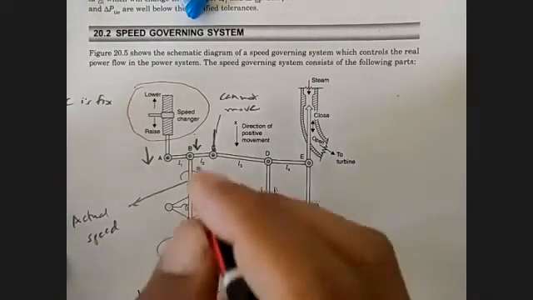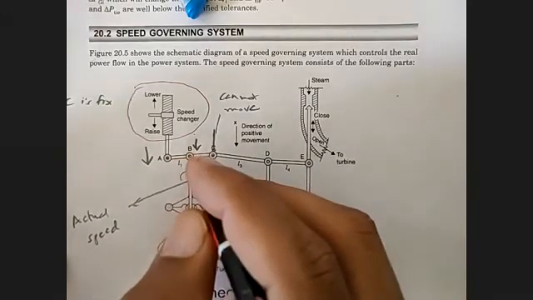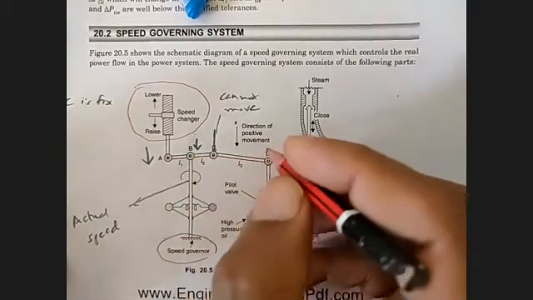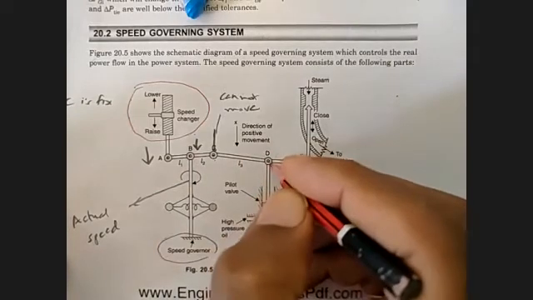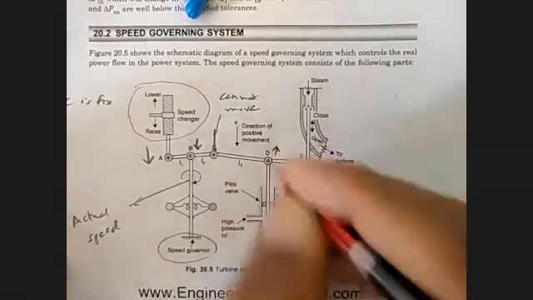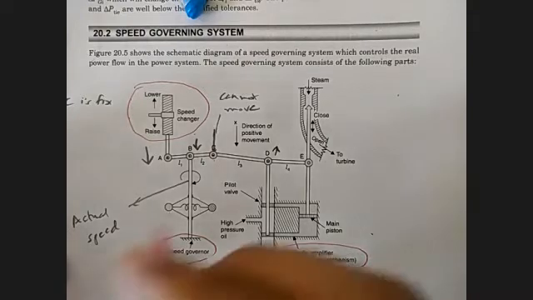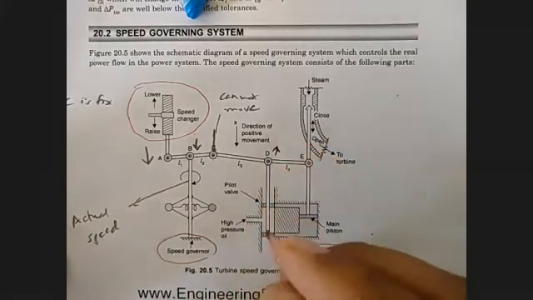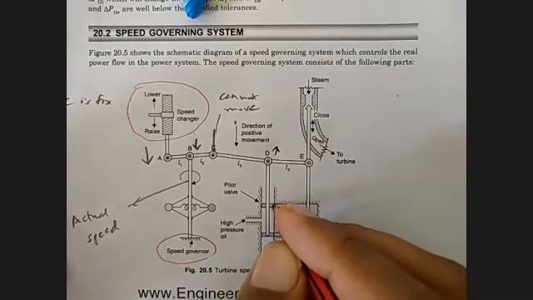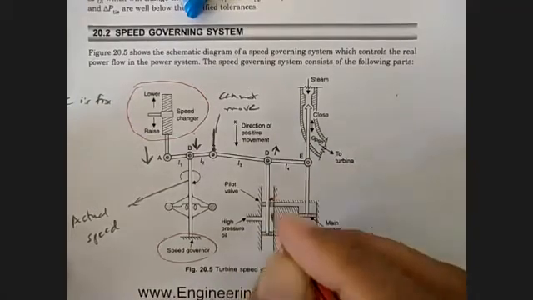Now when this A point moves downwards and B point moves downwards, this D point will move upwards. So this D point will move upward, and due to this movement of D point, D's point will also move upward.